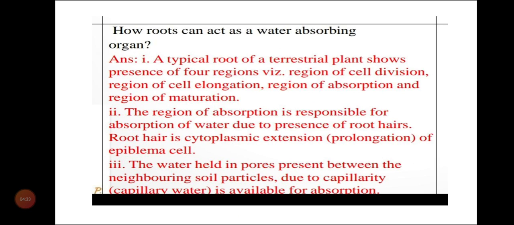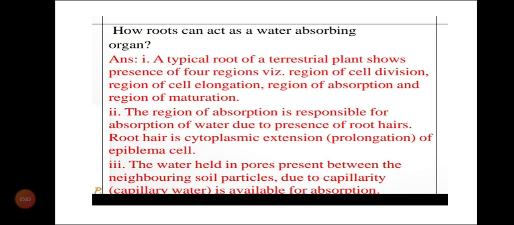How can roots act as a water absorbing organ? It is very simple. A typical root of a terrestrial plant shows the presence of 4 regions: region of cell division, region of cell elongation, region of absorption, and region of maturation. This we have studied just now. The region of absorption is responsible for absorption of water due to the presence of root hairs.